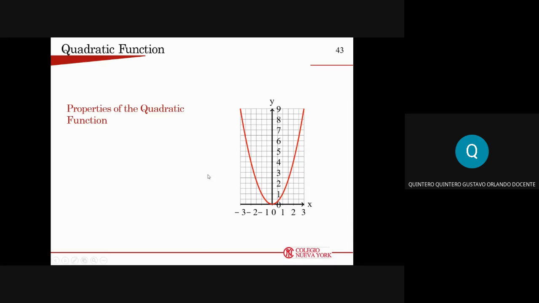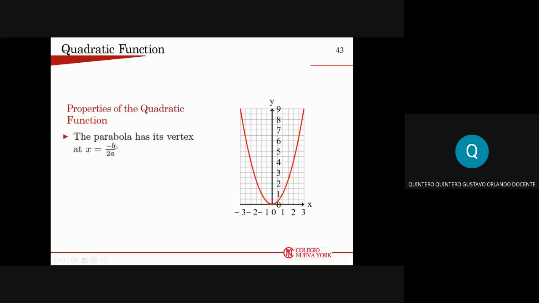All right, more properties of the quadratic function. In the past, I told you how to find the vertex if the function was in vertex form. But what happens when it is not in vertex form? If it is not in vertex form, we have a little formula to use. The parabola has its vertex at x equals negative b over 2a.